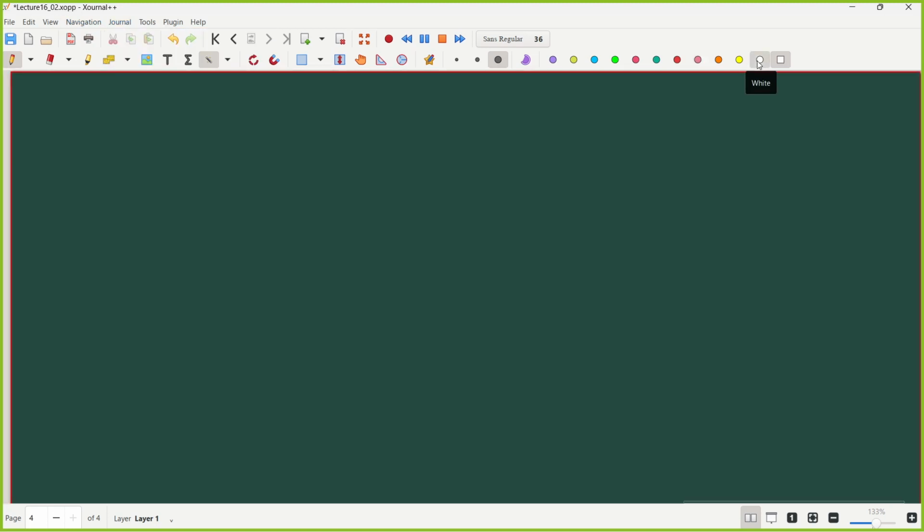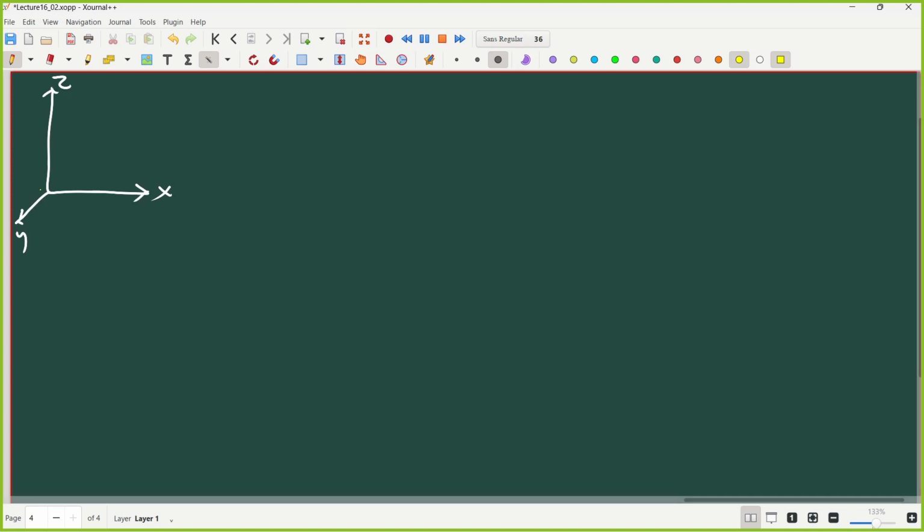So let's go back again. Let me just draw it one more time. Put my proton in the center. And here's my electron at some coordinate x, y, z.